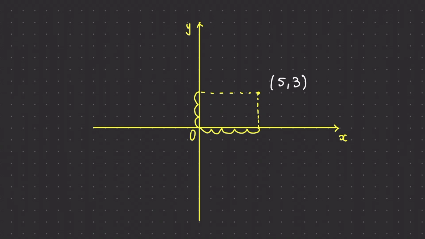Above the x-axis, we have our positive y numbers. Below the x-axis, we have our negative y numbers. Okay, and we have our positive numbers in the x direction and the negative numbers in the x direction. So these are my axes.